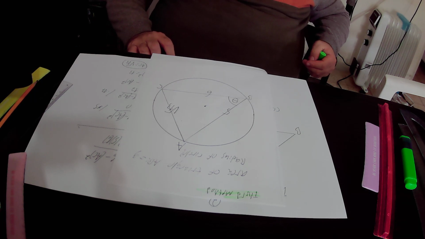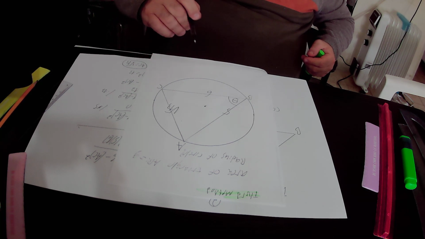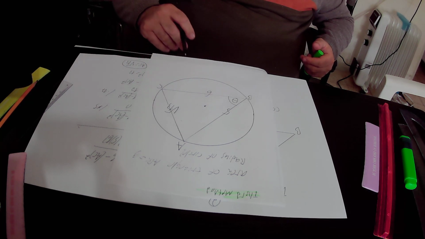Actually, we have a formula that deals with the case where a circle circumscribes a triangle. Here triangle ABC is circumscribed by this circle.